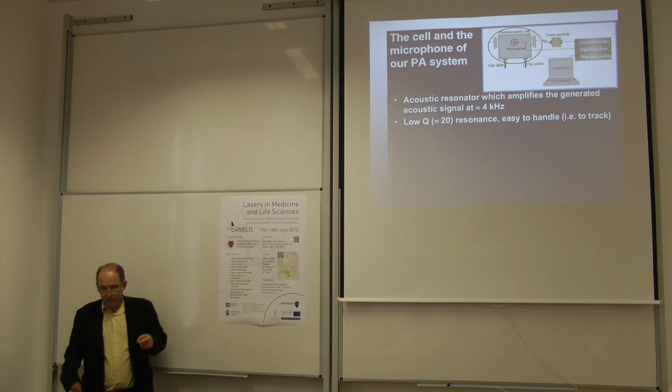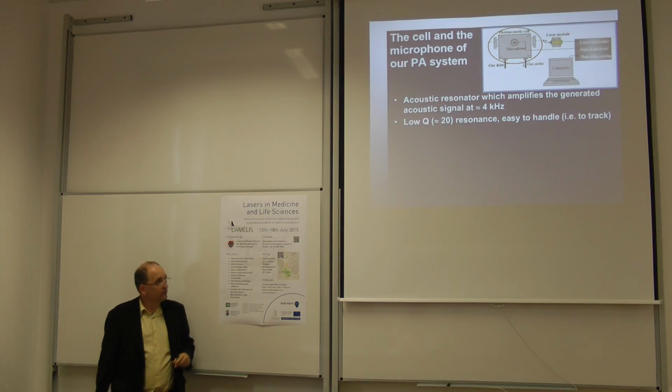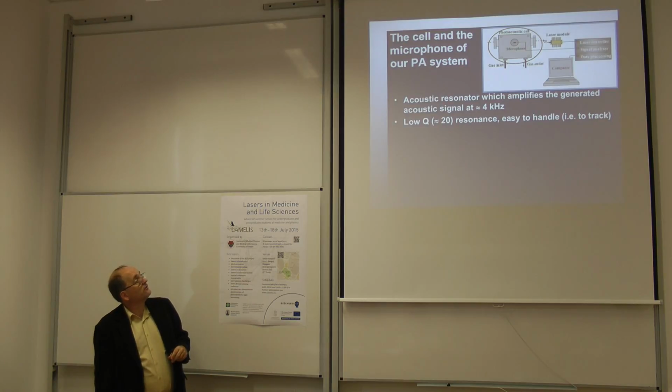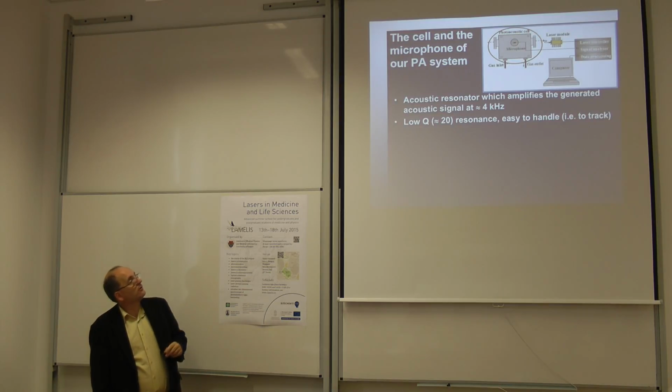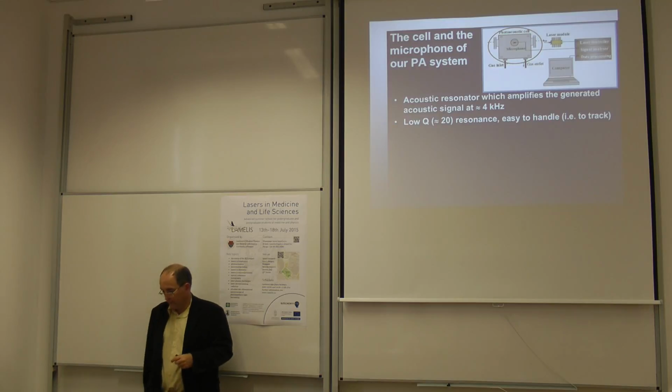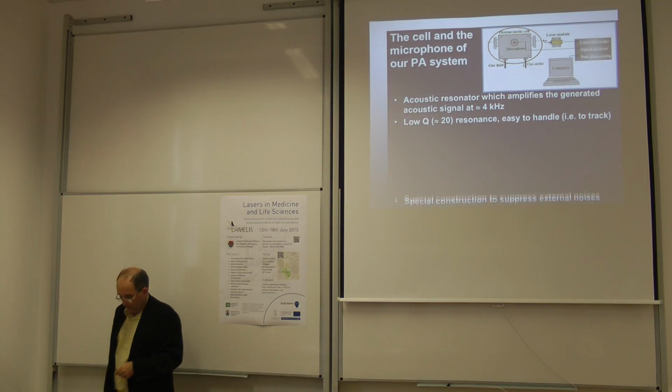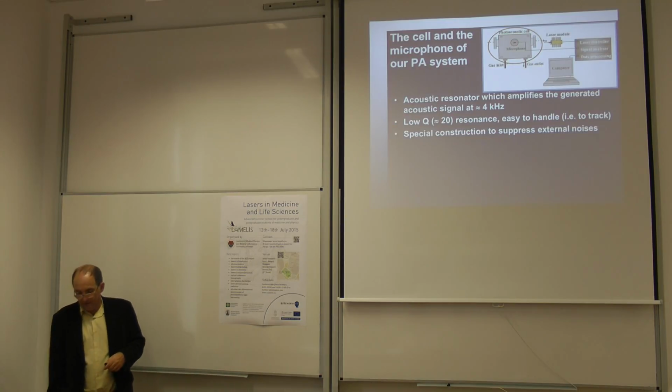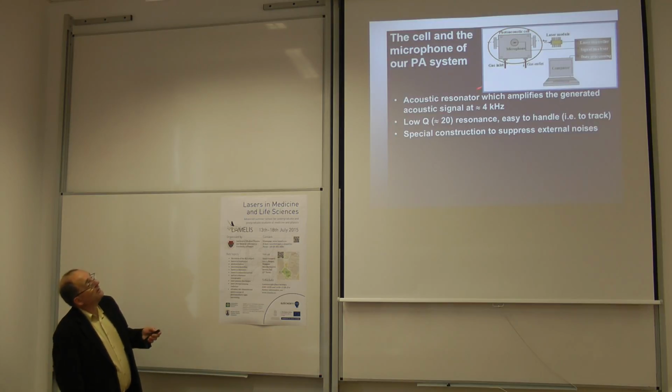These are low quality factor resonances, so it's not a very sharp acoustic resonance, which means that the laser modulation frequency is relatively easy to keep on the top of the resonance frequency. The photoacoustic cell has a special construction, special volumes inside.